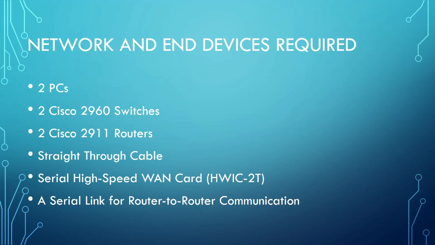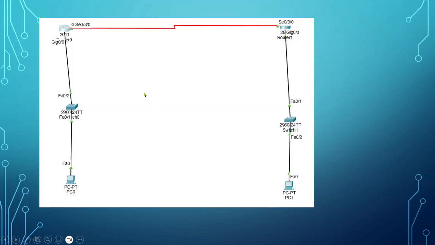Because we are implementing a wide area network, and for this network speed should be there. So to increase the speed, or to create a high speed network, we need these WAN cards, that is HWIC-2T. Again, a serial link for router to router communication. Means here router to router we are connecting by using the serial link, and from router to switch or switch to PC we are going to use the copper straight through cable.